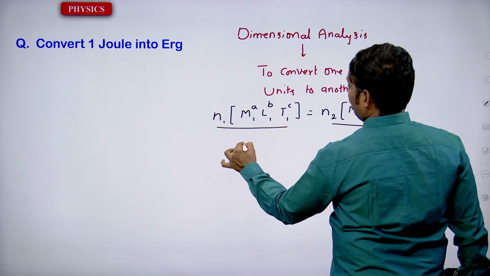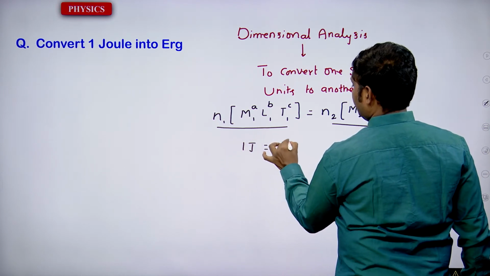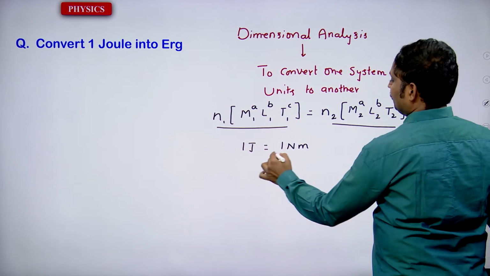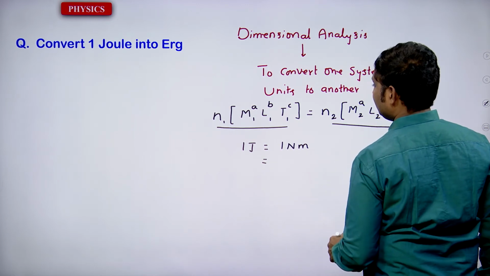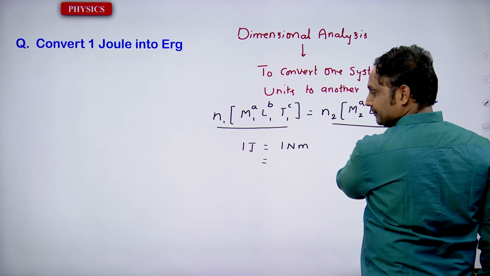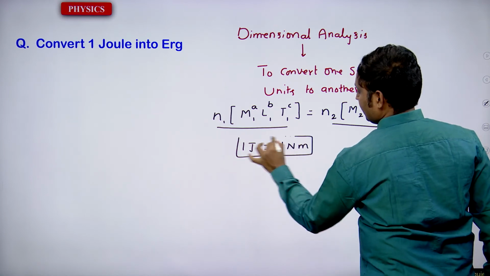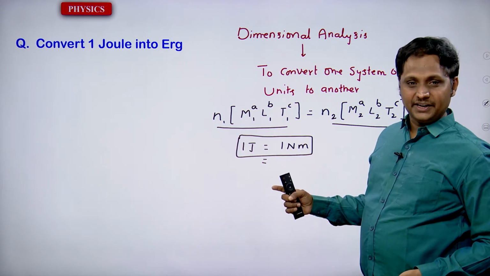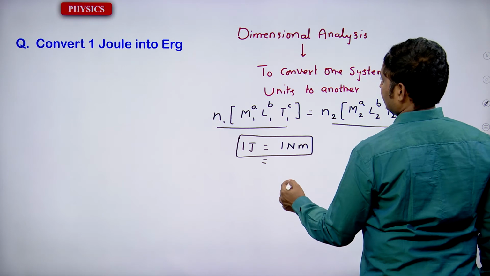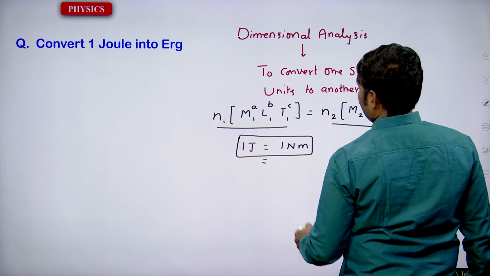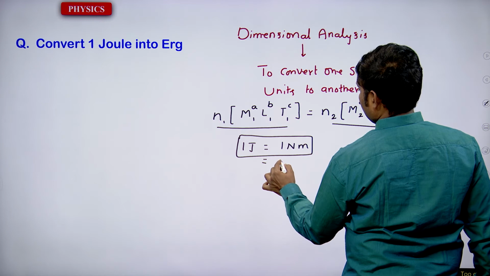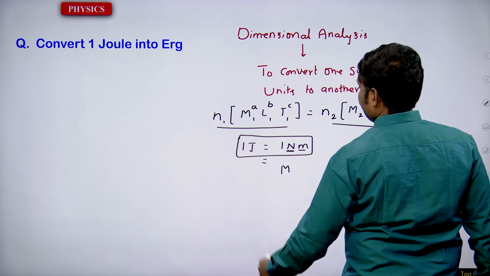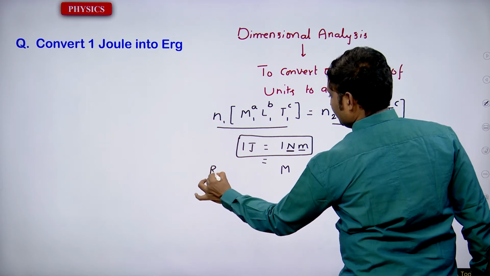So, 1 joule is equal to 1 Newton meter. It is very clear, this is 1 Newton meter what we have taken, but you have to convert it into ergs.